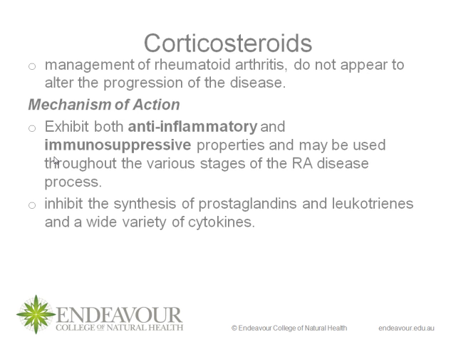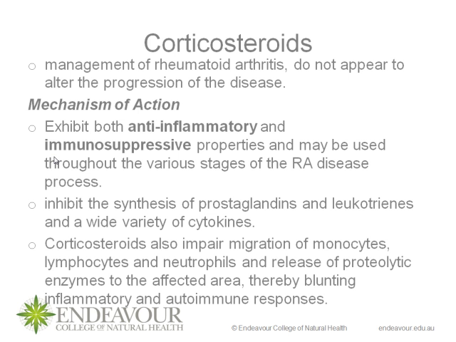Once again, it would appear that it's via inhibition of prostaglandins and leukotrienes, which are another cytokine, chemically similar to prostaglandins. The corticosteroids, because they also have immunosuppressive properties, impair migration of monocytes, lymphocytes, and neutrophils. They impair release of proteolytic enzymes to the affected area.